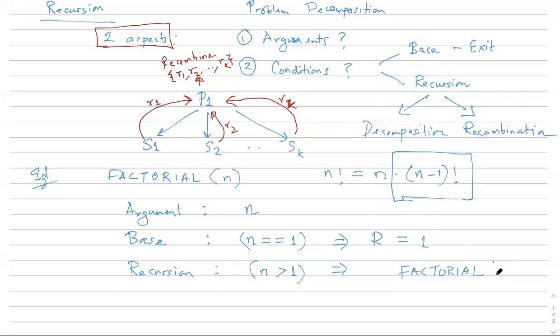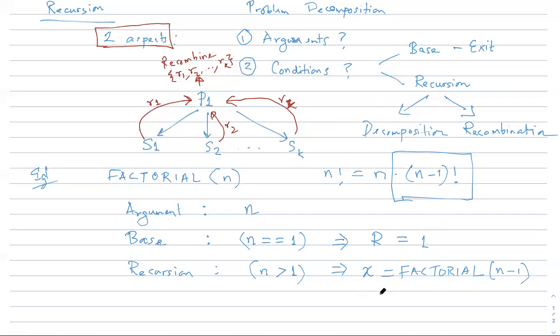Factorial of n minus 1 is going to return me some result, okay? And I fully trust whatever result this sub problem is returning to me. I don't have to worry about it. I just take it for granted that it has correctly done what it is supposed to do, which is solving the factorial on n minus 1.